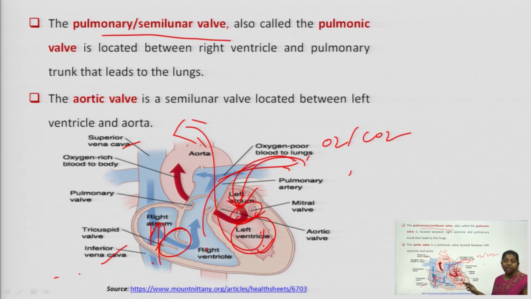From the left ventricle, which is one of the thickest zones, the pumping chamber, it pumps your blood into the aorta by crossing the aortic valve. Once your blood reaches the aorta, it then gets dispersed throughout your body.